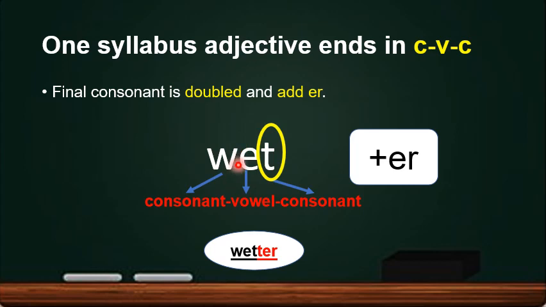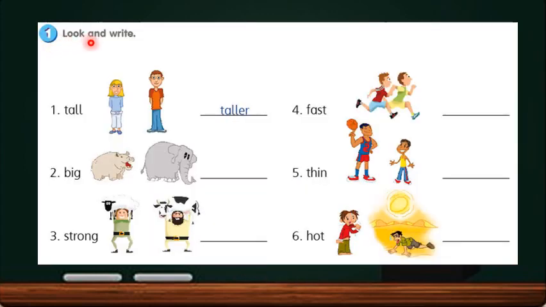The middle E is a vowel, and W and T are both consonants. So we have to double the final consonant, the T, and add er to form the comparative adjective. So wet becomes wetter. W-E-T-T-E-R.